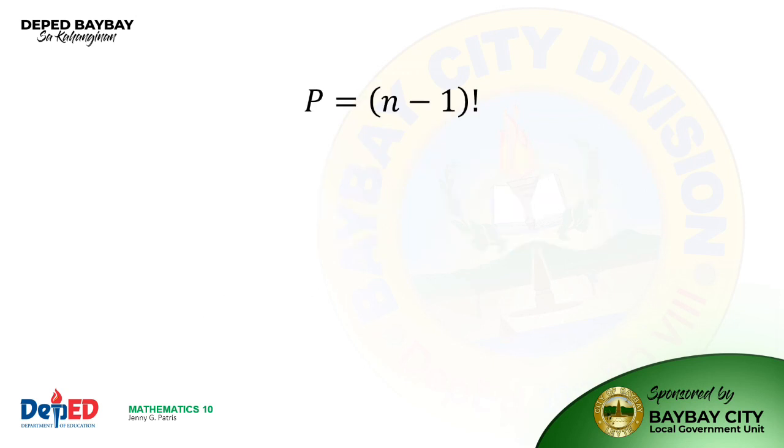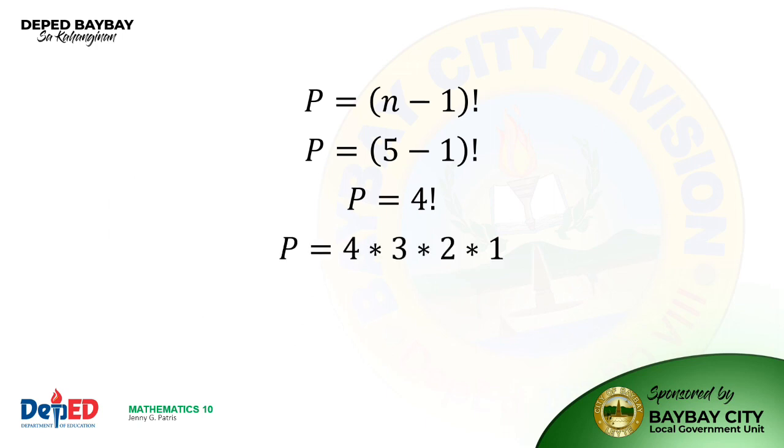Applying the concept of circular permutations, then we have P equals the quantity of n minus 1 factorial. Replacing n by 5, then we have P equals the quantity of 5 minus 1 factorial, or simply 4 factorial. 4 factorial is equal to 4 times 3 times 2 times 1, which is equal to 24 ways.